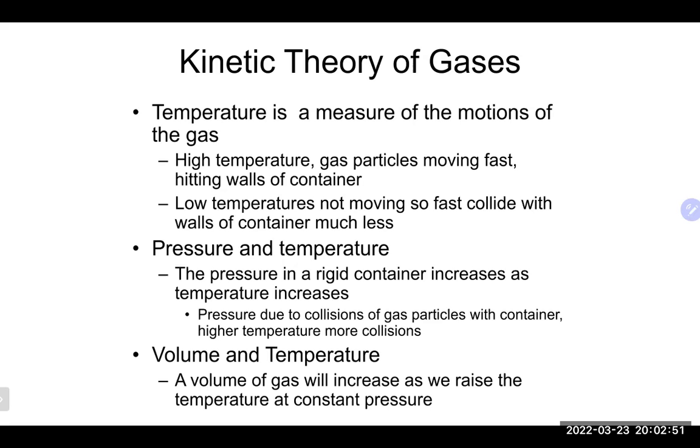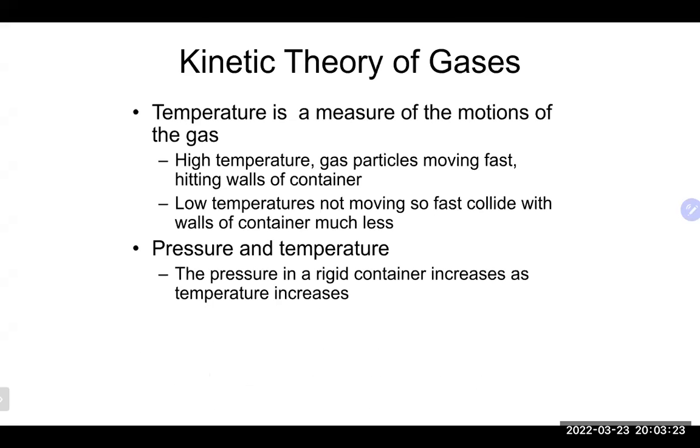In a container where the volume does not adjust, we will see the pressure increase or decrease depending on whether the temperature is increased or decreased. And the way we are able to keep constant pressure, like we talked about with Charles' law, is that if we have a volume that's able to adjust, adjusting the volume keeps the collisions relatively constant and the pressure relatively constant as well. Any questions on any of that?